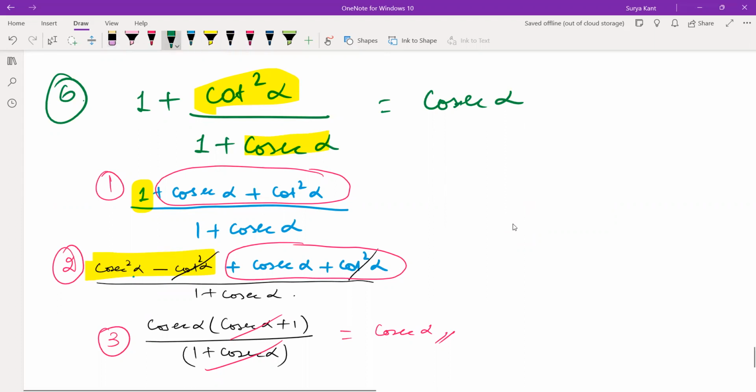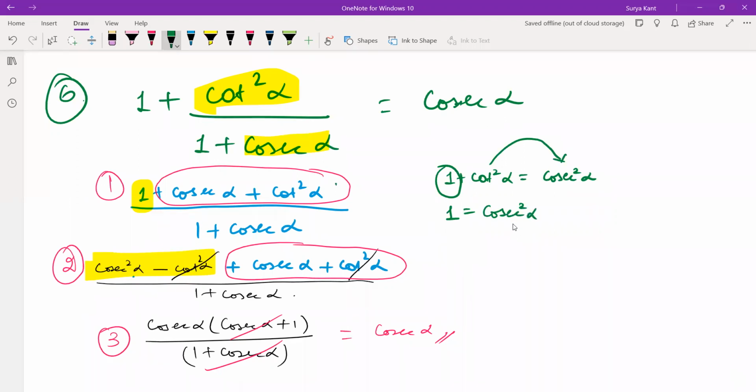We know the identity of cosec and cot, that 1 plus cot square alpha is equal to cosec square alpha. In place of 1, what can we write? Here 1 as it is. Send cot square alpha to the other side. What can we write? Cosec square alpha minus cot square alpha.